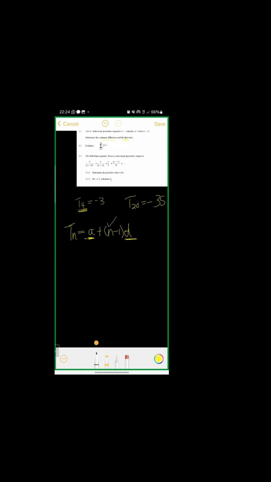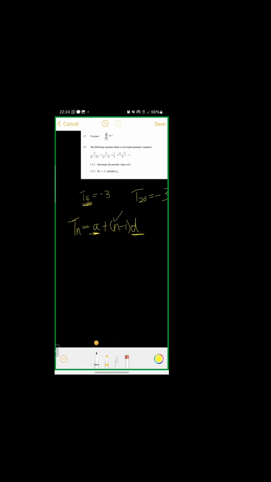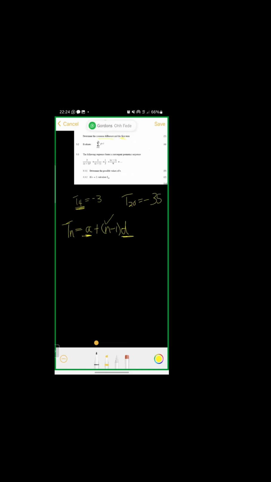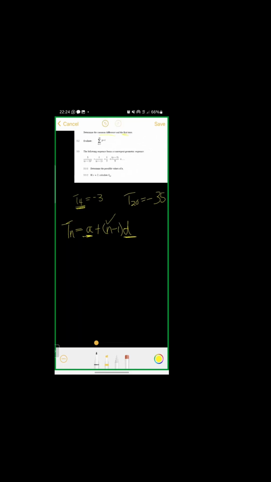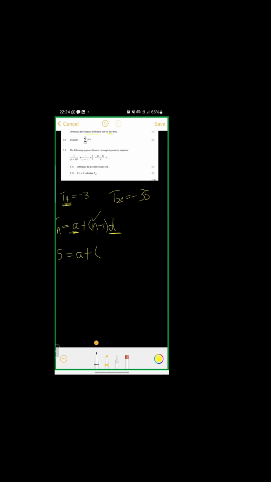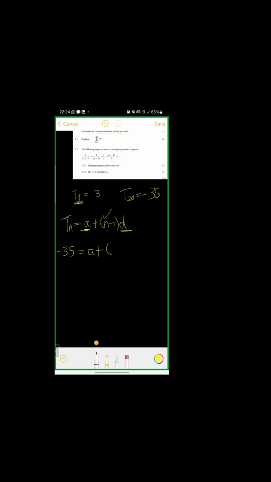All right, so let's go ahead and replace. Let's start with -35, just because we feel like it. So we replace here: -35 is equal to A. We do not know A, because it's also what we're looking for, plus our N. They told us that -35 is the 20th term, so we replace 20 minus 1, times our D, which we do not know.